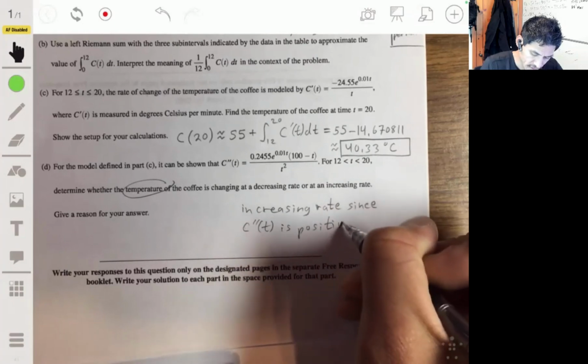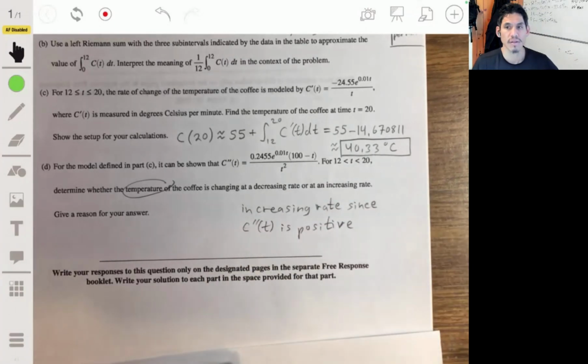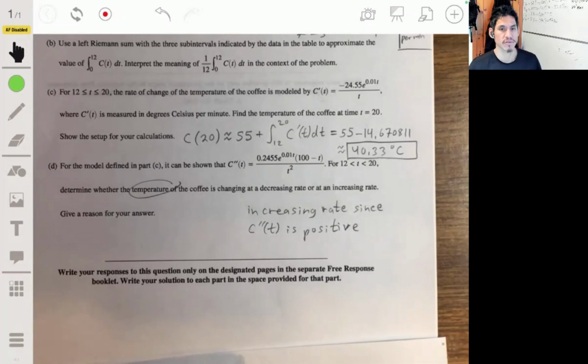This is a weirdly worded question, and I don't know if they're trying to test your grammar skills, but yeah, the temperature of the coffee is changing at an increasing rate since the second derivative is positive.